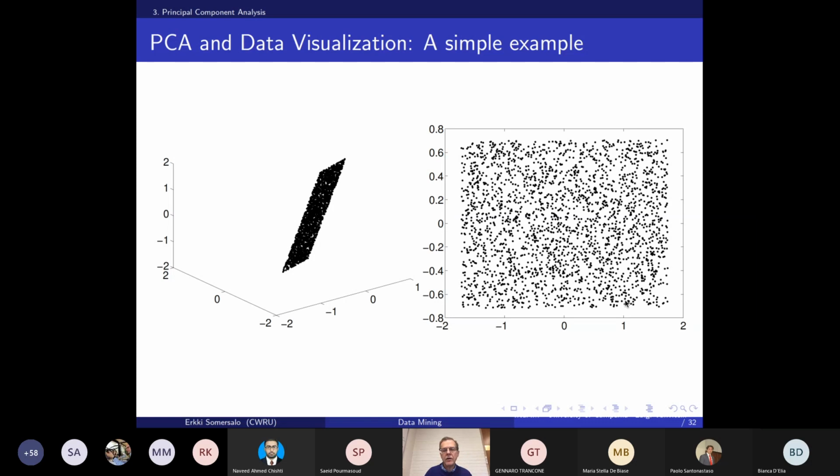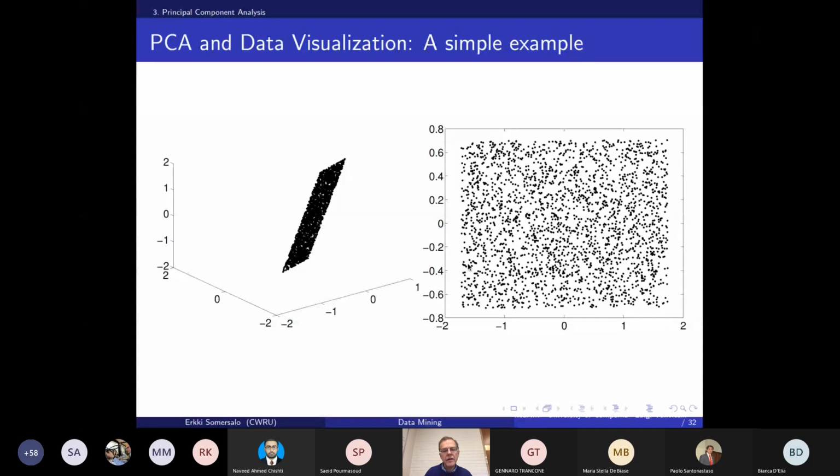And here is the plot of the principal components. This x-axis is the first principal component, and the second axis is the second principal component. And look, this is really in line with what we were doing. The spread in the first principal direction should be largest. So the spread here is from about minus 1.8 to maybe 1.8.